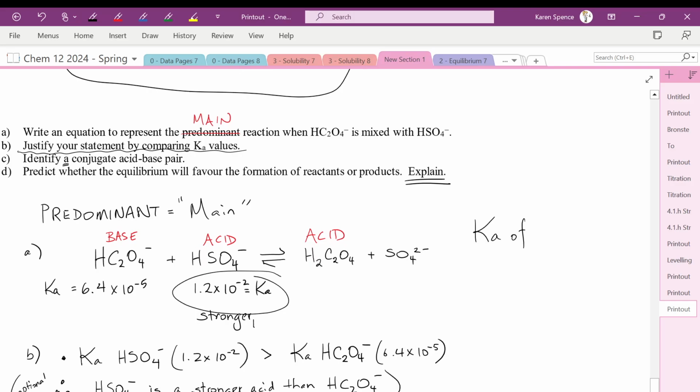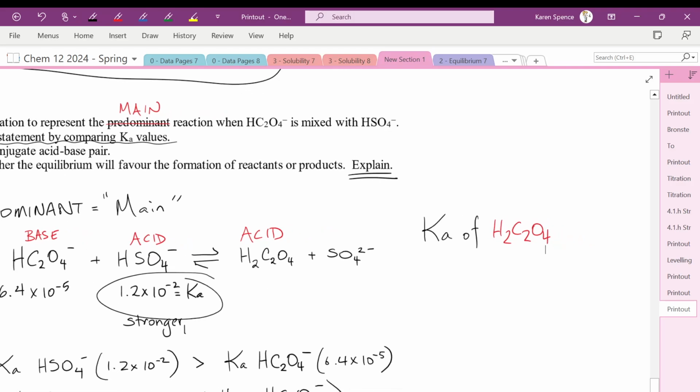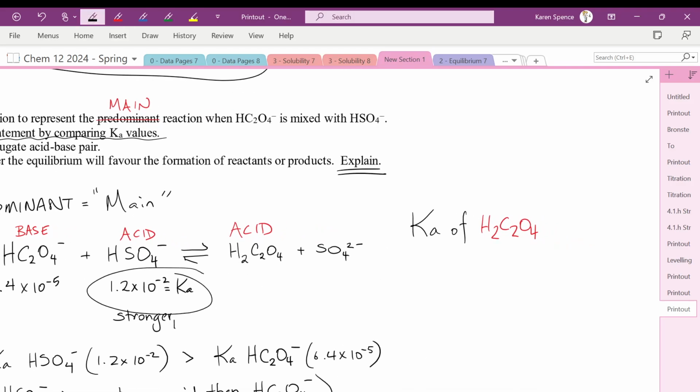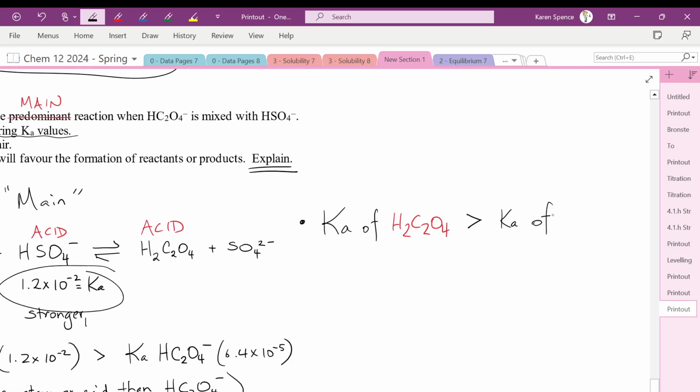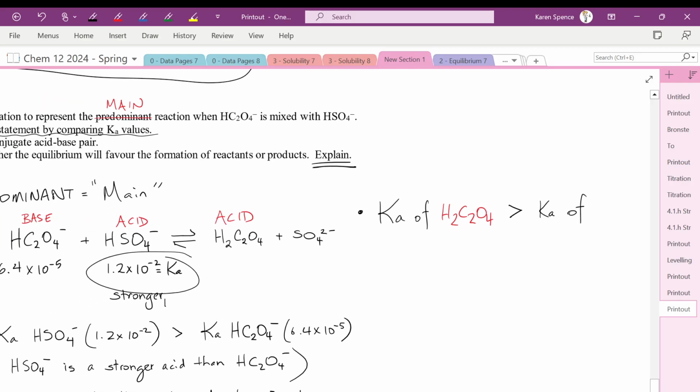So the Ka of H2C2O4 is greater than the Ka of HSO4 minus, because we need to compare our 2 acids.